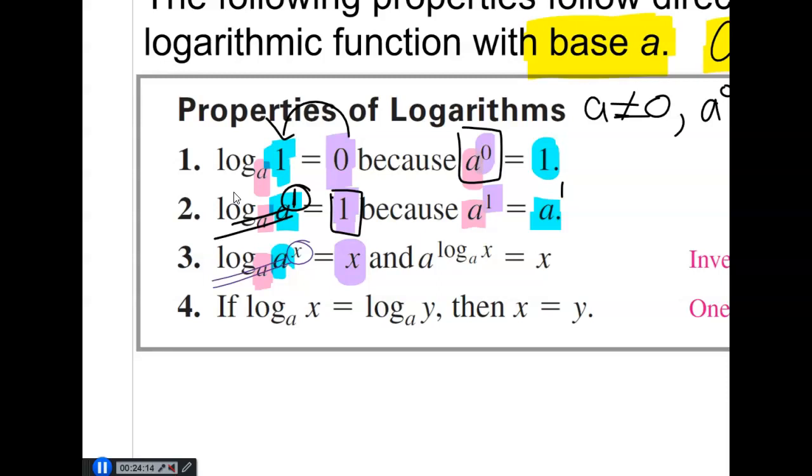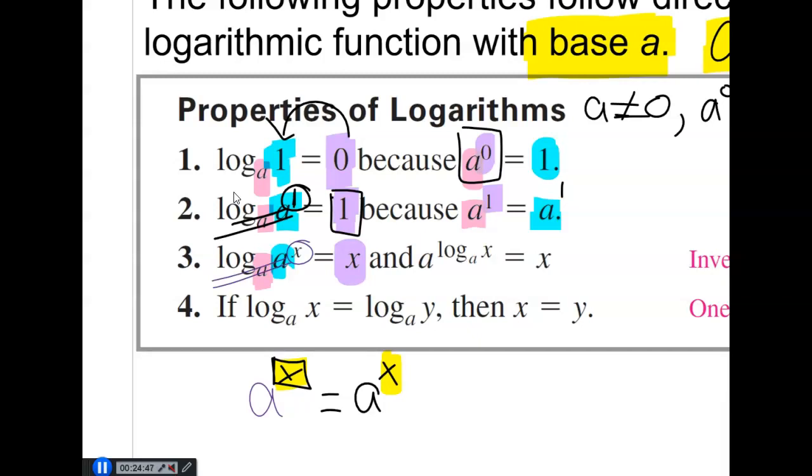And if we were to turn this into an exponential equation, it would be something like A to the power x, or A to what power? Let's just put an empty box here. A to what power will give me A to the x? And so that will have to be x. So that's another way to look at it.